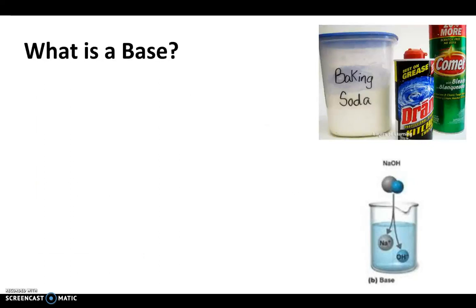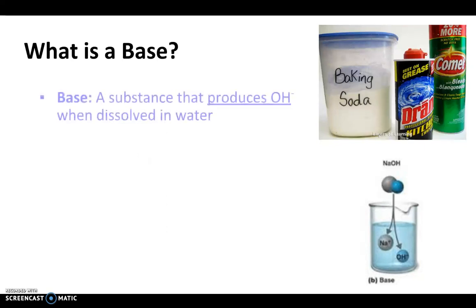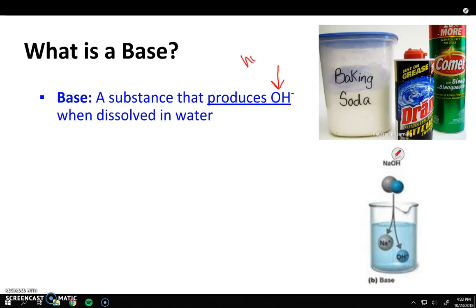A base, on the other hand, is sort of the opposite of an acid, and a base is a substance that produces OH minus, that's called hydroxide, when dissolved in water. So this little guy is called hydroxide. I'm just telling you because I'm probably going to call it that accidentally, and you'll be like, what is she talking about? I'm talking about OH minus.